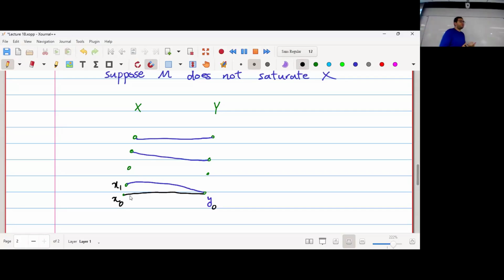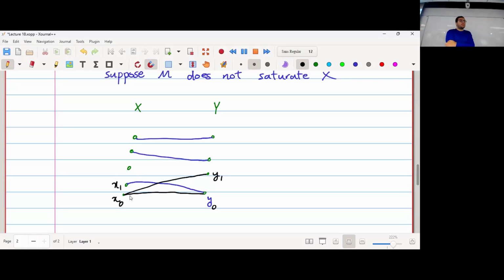It's a set of size 2, so it should have at least 2 neighbors. So there is another edge, either from x0 or x1, that goes to some other vertex y1 here. I don't care if it's x1 or x0. From one of them, I have an edge to this y1. And that edge is not in my matching because x1 was matched with y0 and x0 was not matched to anything.